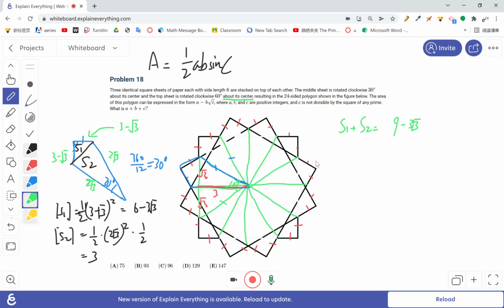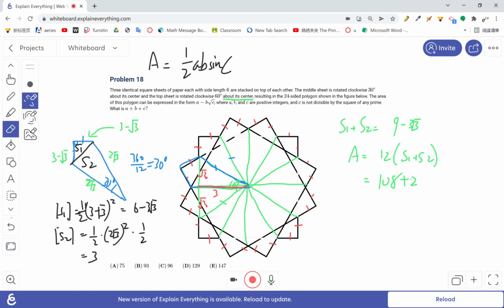Then the giant area equals 12 times (S1 plus S2), which equals 108 minus 36 root 3.